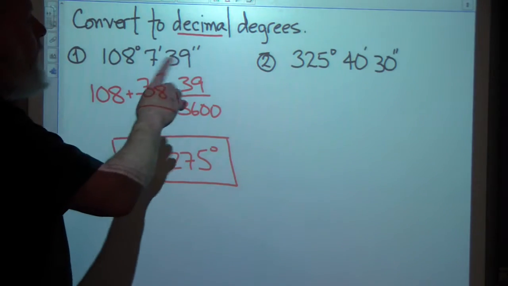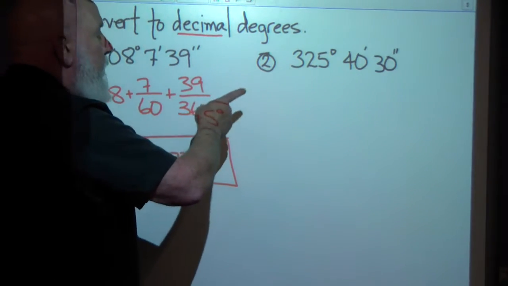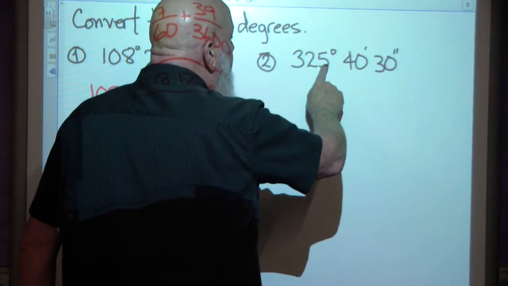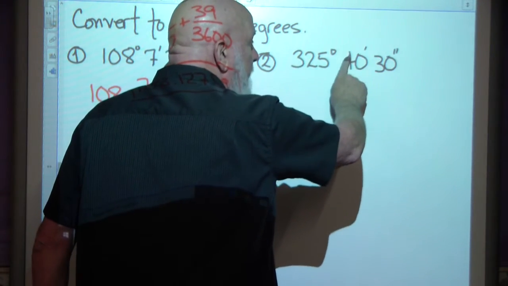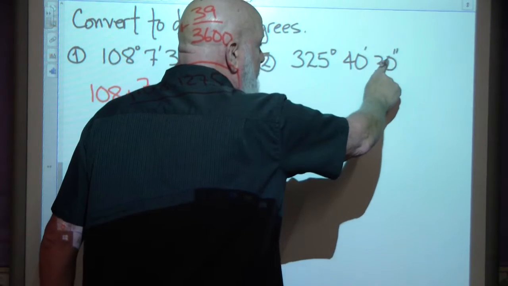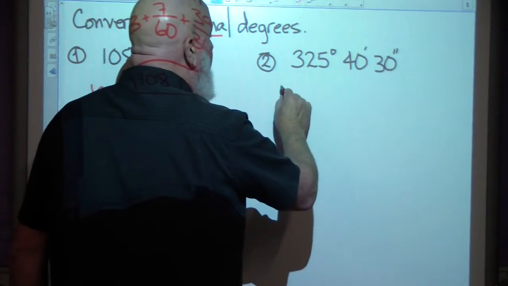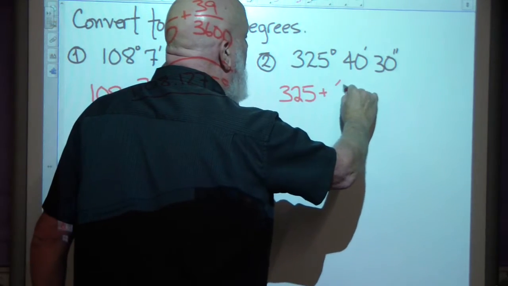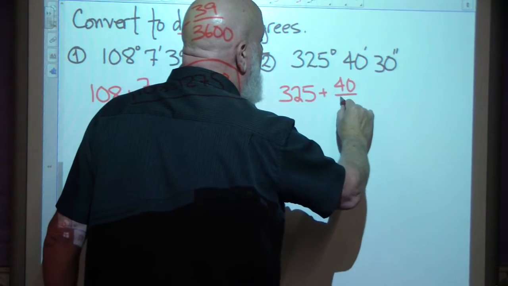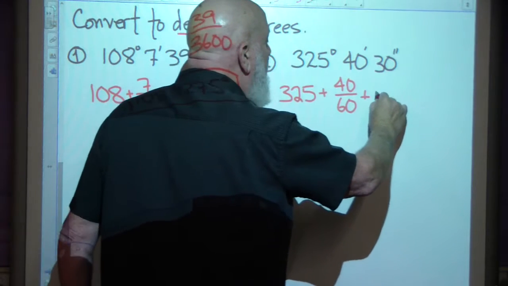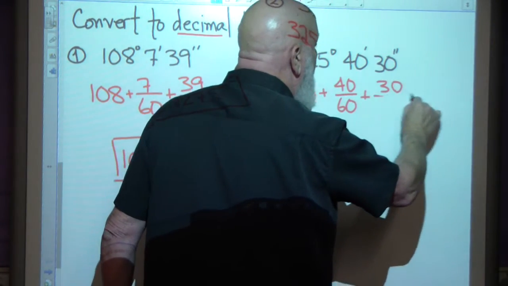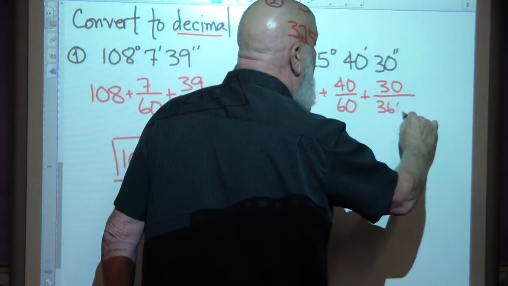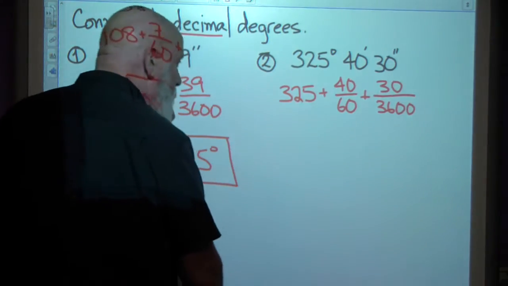We got one more here. It's a different problem, but the same technique. I'm going to say 325 plus this divided by 60 plus this divided by 3600. So I'll have 325 plus 40 divided by 60 plus 30 divided by 3600, and I'll hit equals.